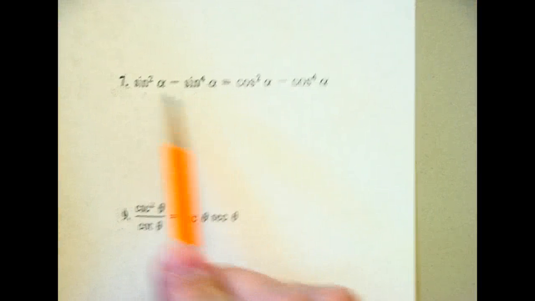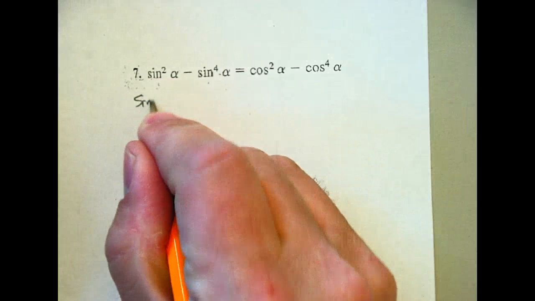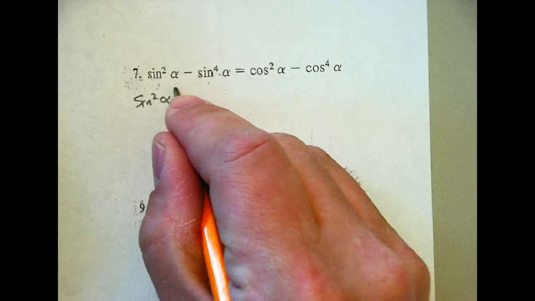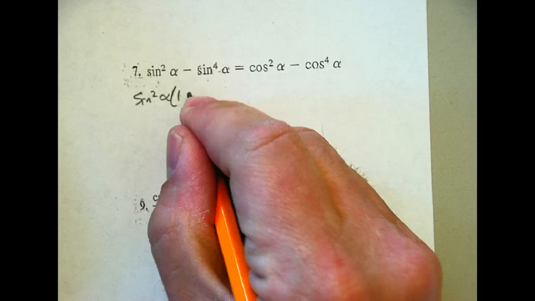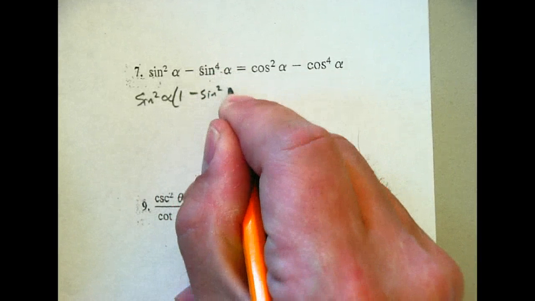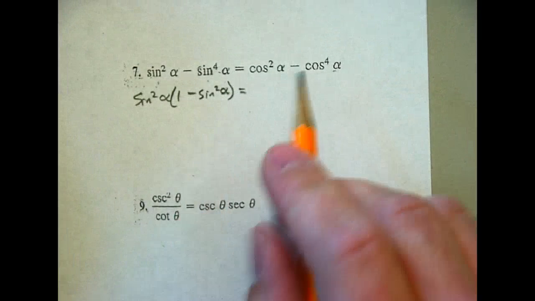What can I take out of sine squared and sine to the 4th? Sine squared. So when I do that, sine squared out of sine squared is 1, minus sine squared out of sine to the 4th is sine squared. What can I take out of cos squared and cos to the 4th?